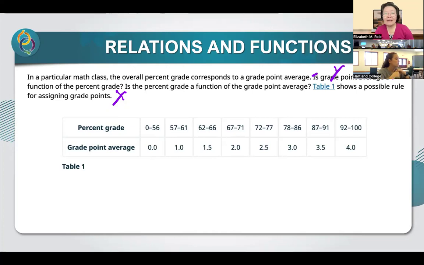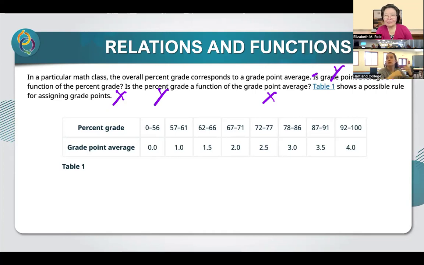Now, how about: is the percent grade a function of the grade point average? In other words, this is now our output, and this is our input. Is that a function? No. Okay, why?